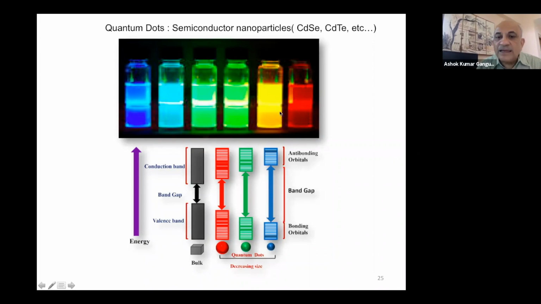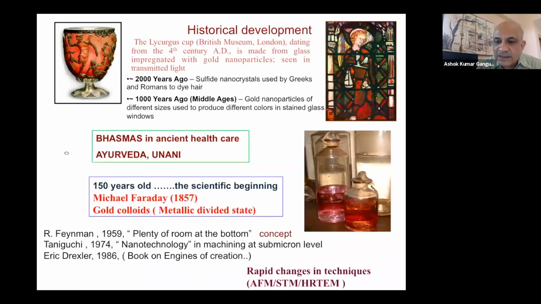So automatically you will start seeing different colors depending on what is the band gap of the nanoparticles that you have made. And the band gaps will change with the size of the nanoparticle. If you have small size, it will absorb very high energy. So you have a complementary which is very high, and you will not see that.